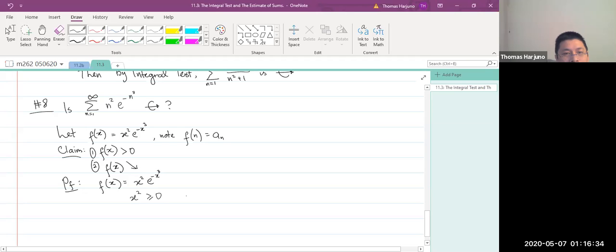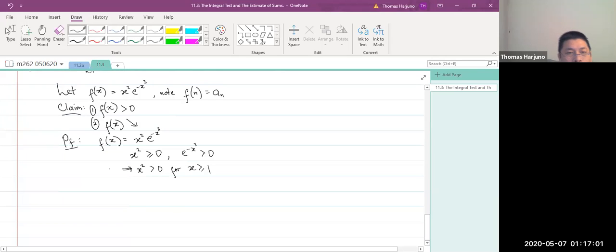And then e to the negative x cubed is greater than 0. Actually, we can say x squared is strictly greater than 0 for x greater than or equal to 1, right? So because it's the product of two positive numbers, f(x) is positive.